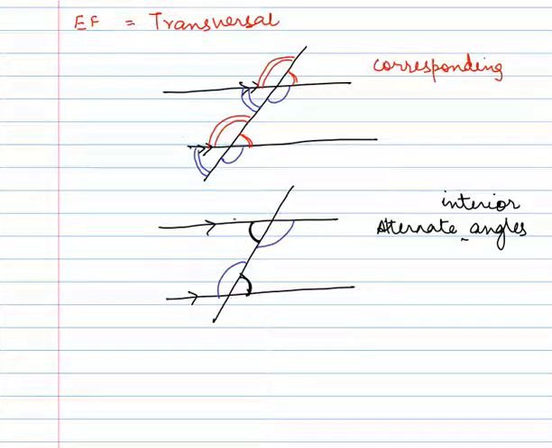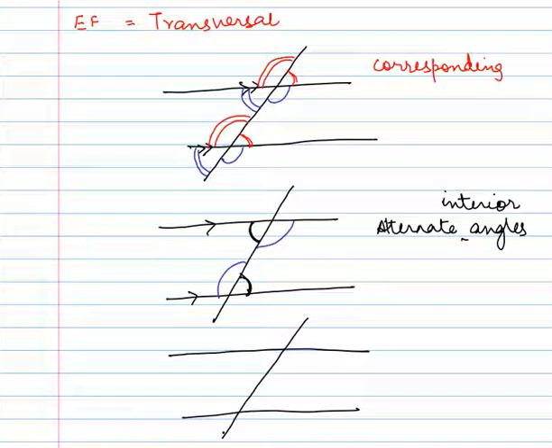Right? Now if we are talking about alternate interior angles, then we also have alternate exterior angles as this. Alternate exterior angles will be this and this. See, this angle and this angle are the same.